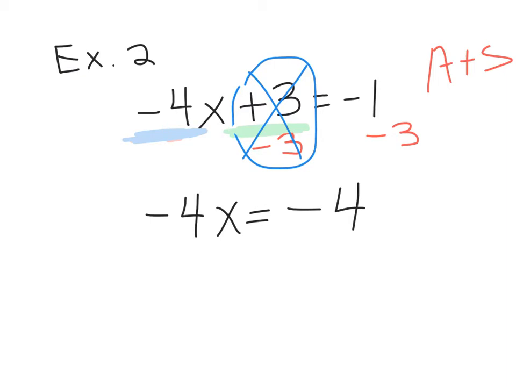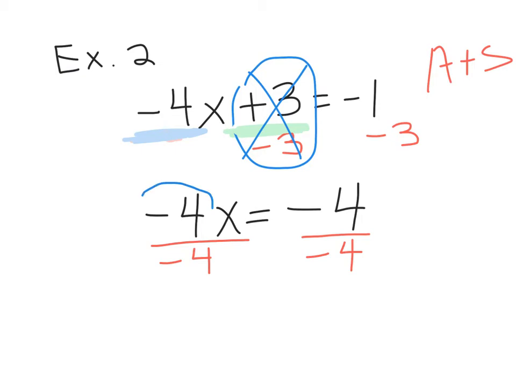We want to get the x by itself. And this operation that's between the -4 and the x is multiply. So I have to do the opposite operation to multiply, which is divide. And you divide by exactly what's there. I am going to divide by -4. And I have to do that on both sides.